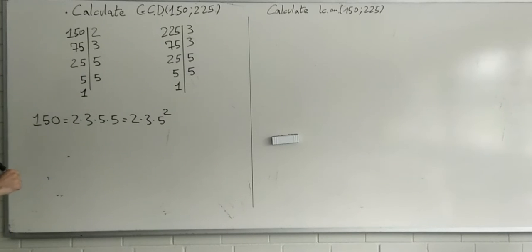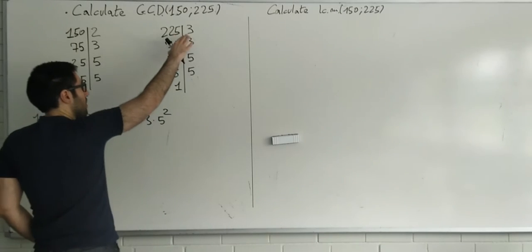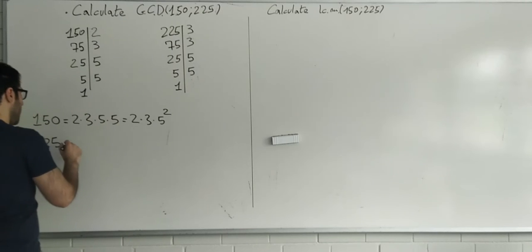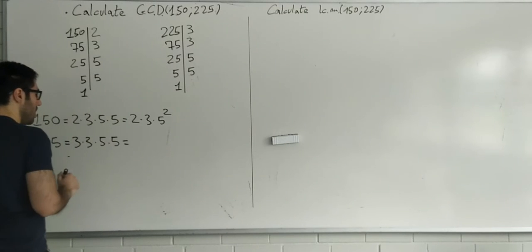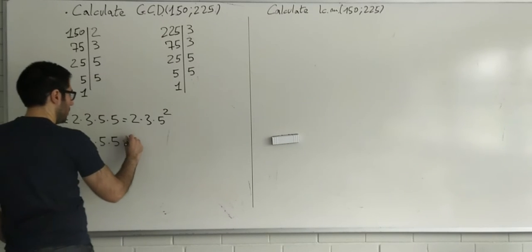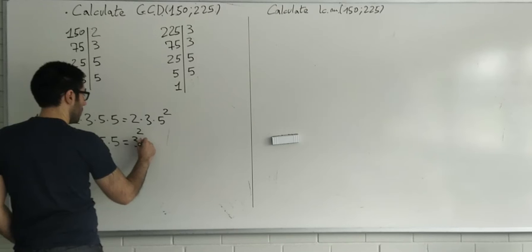Okay, we can now write the factorization of 225. We have to multiply all the numbers here on the right-hand side of the line: 3 times 3 times 5 times 5. And we use again the power rules to write it in a nicer way.